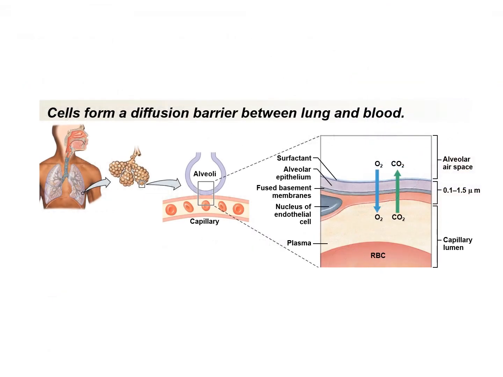So a little bit of review from chapter 17. Remember, we have to have a very, very thin layer right here, usually 0.1 micron up to 1.5 microns, in order for the rate of diffusion to be normal, in order for us to achieve appropriate oxygen saturation in the hemoglobins and achieve proper release of CO2 back into the alveolar airspace.